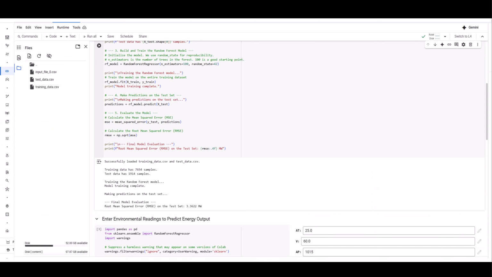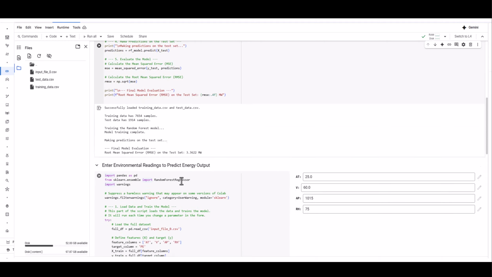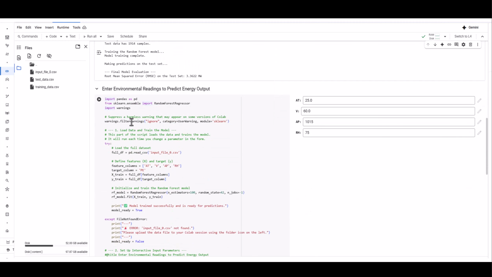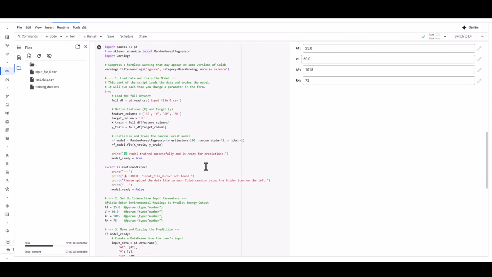So this means that the random forest is a much better model in this scenario. So finally, I built another Colab notebook using the same random forest model, where you could pass the values of each of the parameters, and it would predict the energy output.